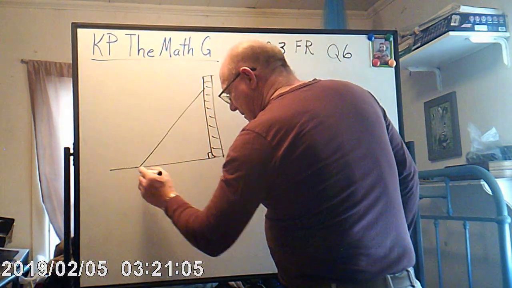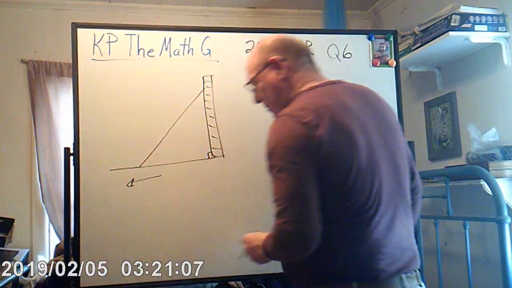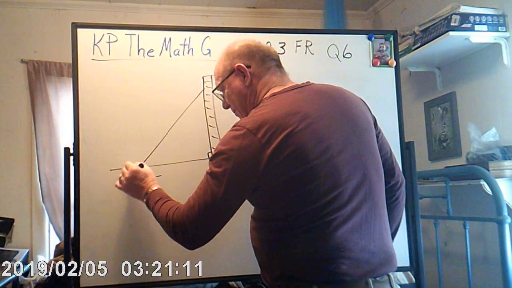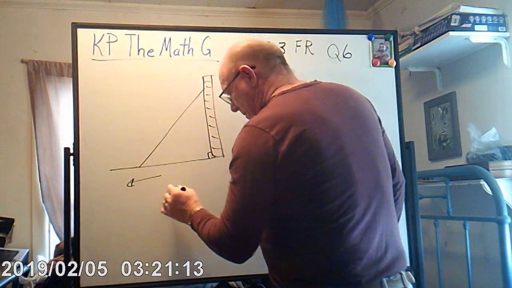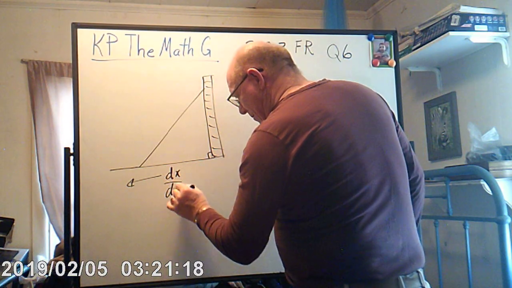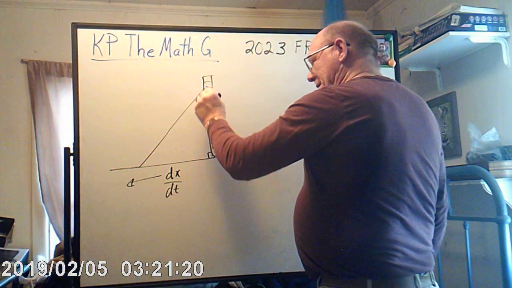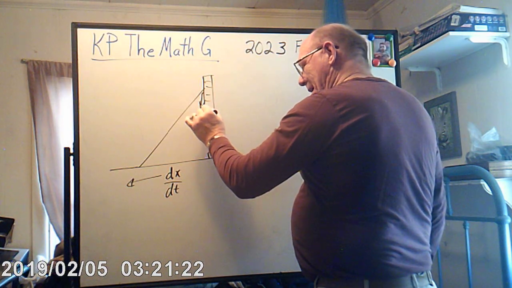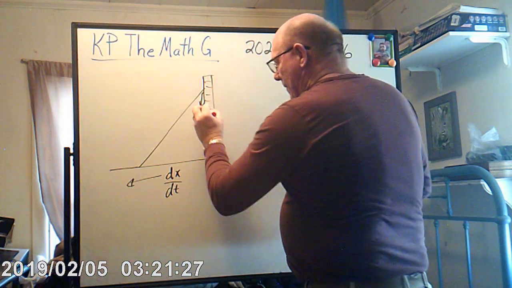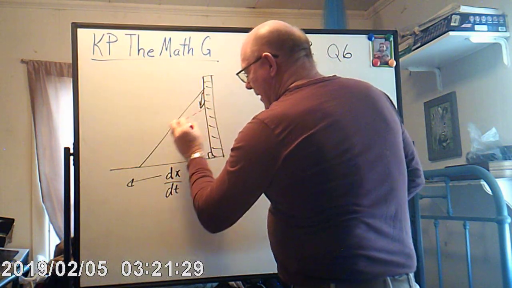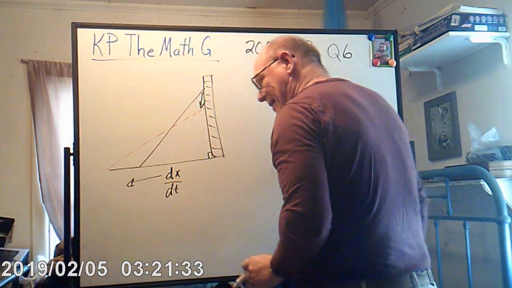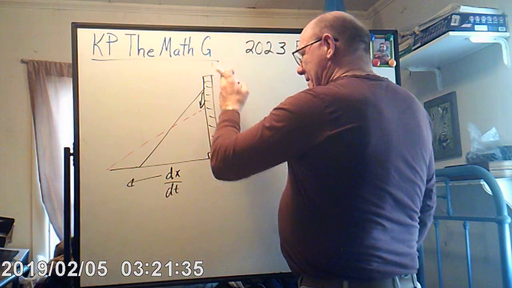So this distance when it goes out this way is increasing, because it's going further and further out. So this would be dx over dt, the change over time. Here's the ladder going further out this way, same length of ladder. This is y.